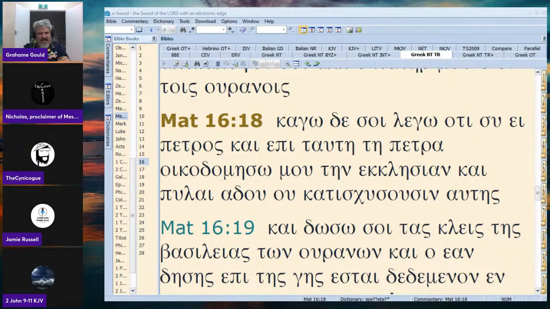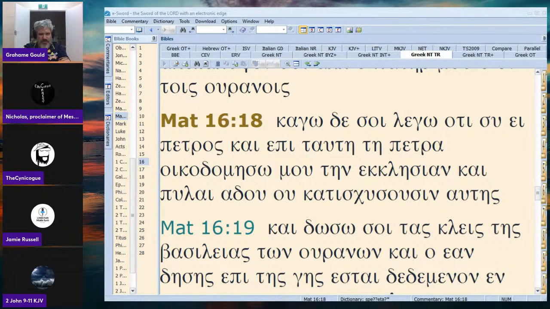So my understanding is that Petros means a pebble, and Petra means literally a cliff face, what they would refer to as a Petra, but it also means a foundational rock, like a large rock that you could build a building on, whereas Petros did not mean a rock large enough to build a building on.